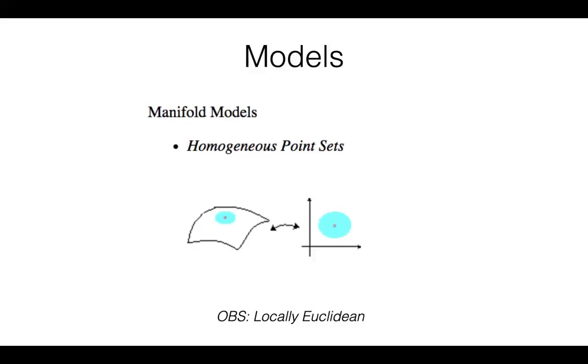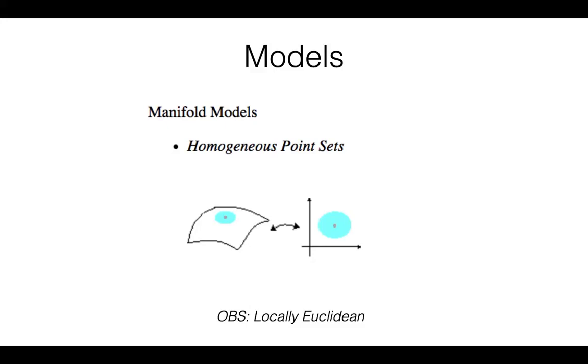And then, what would be the good mathematical model for these piecewise smooth surfaces and shapes? The option of choice here is manifold models. So manifold models essentially describe homogeneous point sets.